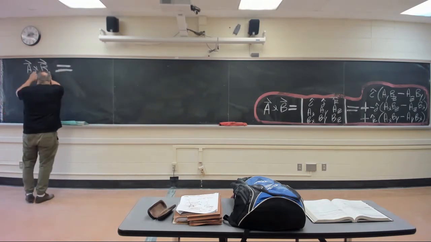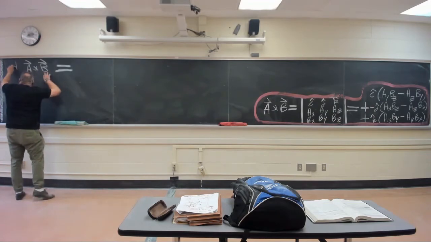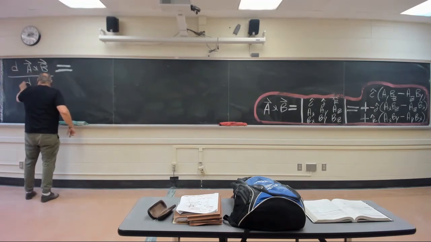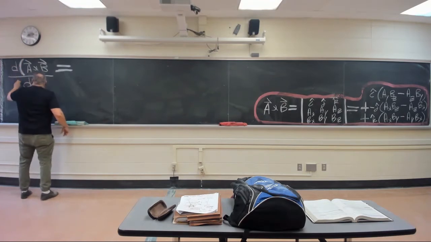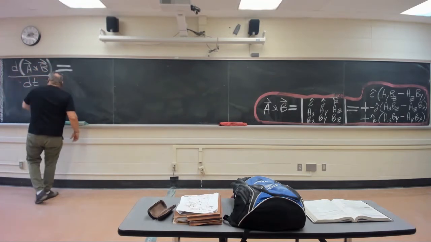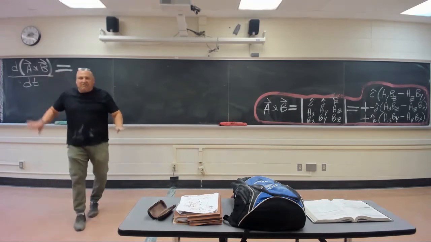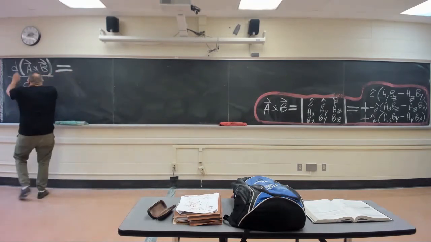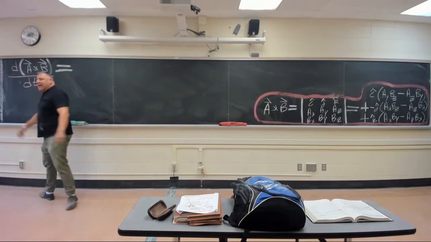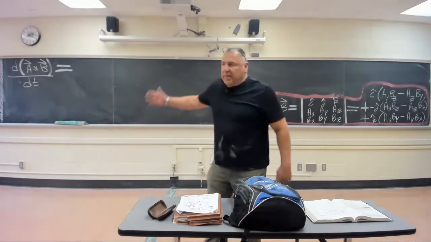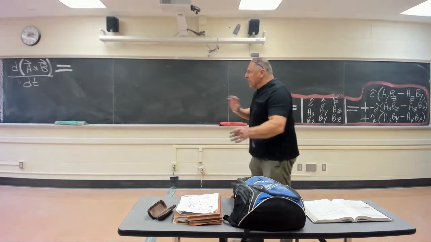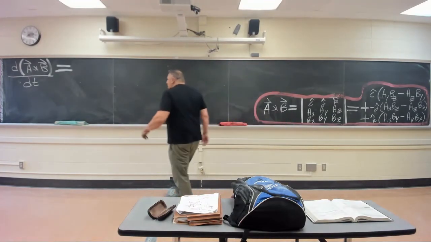I left it like this, and I was saying I was getting the derivative. If you're getting the derivative, then get the derivative. In one place I had actually written the derivative like this, and in the other place I just left it as A vector cross B vector. So I was careless on that. That's one more reason I'm doing this. In addition to the chalk being better quality, I think you can see this a lot better as well. So there's a number of reasons I'm doing this. So you're looking at this.